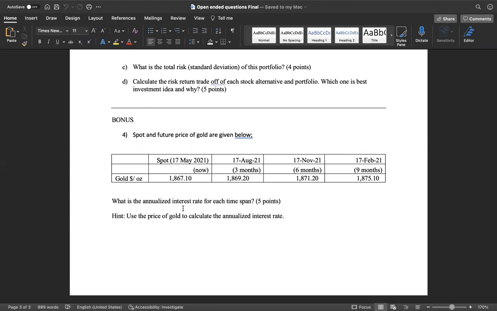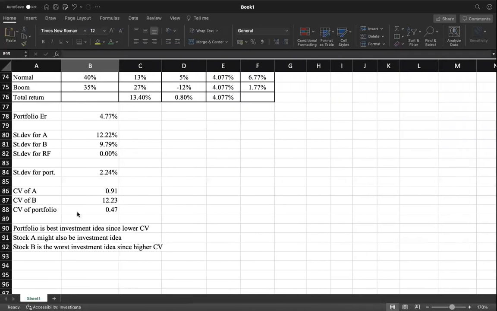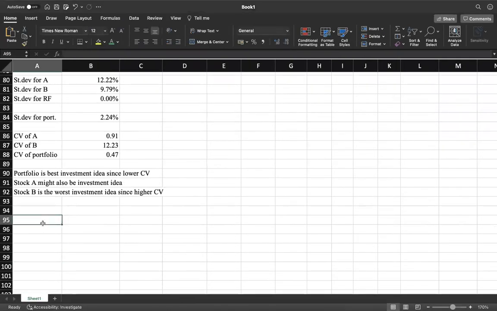We should find the rate at which these prices are increasing, the changing rate, and then we have to calculate the annualized interest rate. So let me firstly copy this table to here, question 4, bonus.